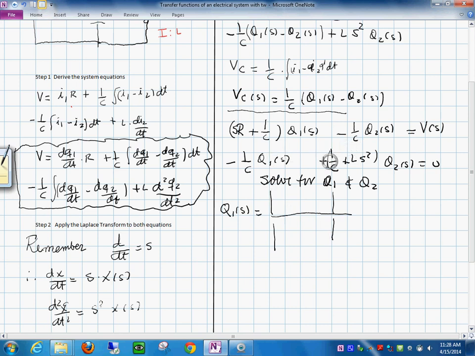The one in the numerator is put V of S and then 0, and then you put minus 1 over C, and this would be LS squared. What was the one on the bottom here?